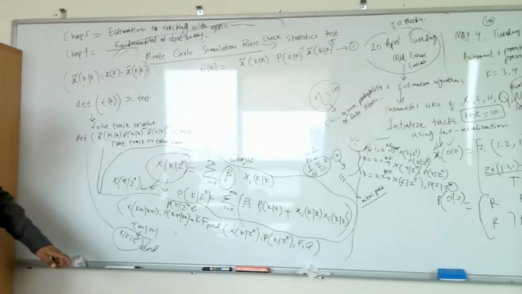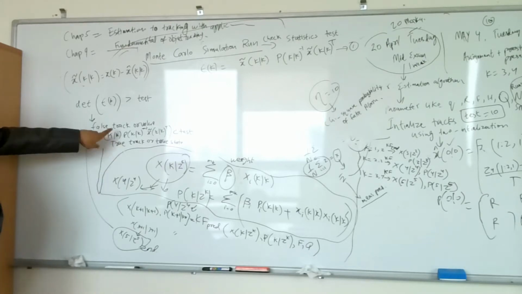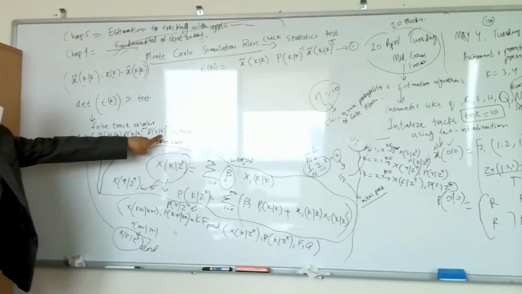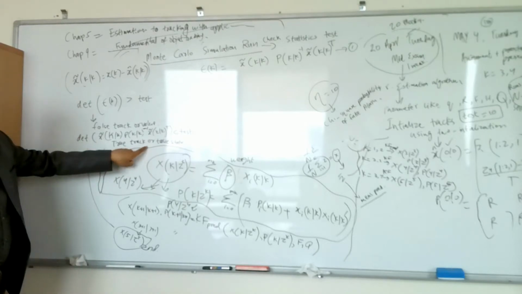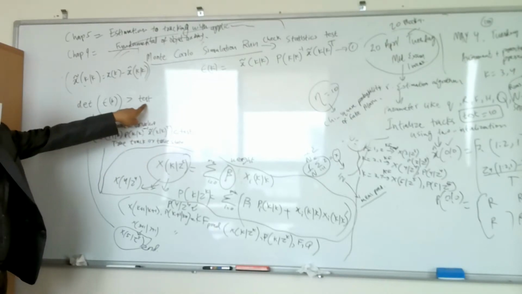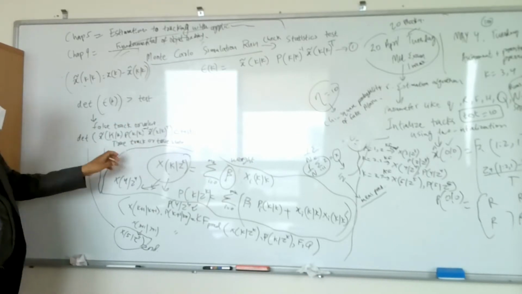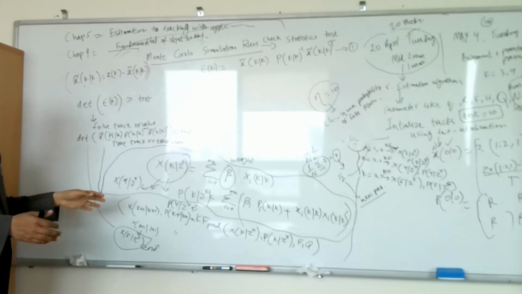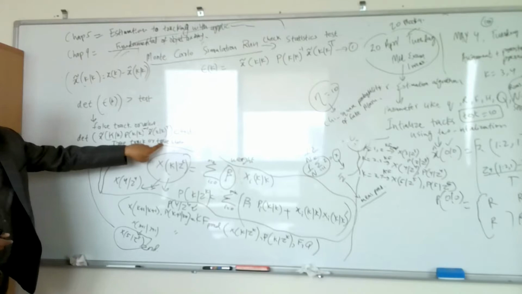So you have to check the output of each Kalman filter with this formula, with the filter covariance, and this is the inverse, this is the transpose, this is the state. If this is less than the test value, then it is a true track. If this is greater than the test value, then it will be a false track, because due to the variance the distance is very far, so we cannot choose it. This will be a false trajectory, and this is a true trajectory.